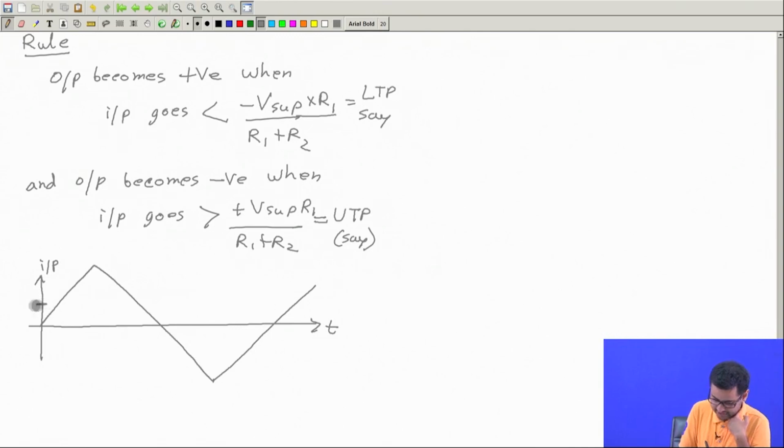Say this height is same as this UTP, and say this height is LTP.